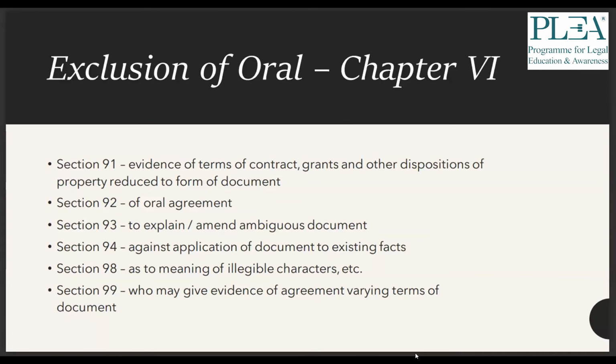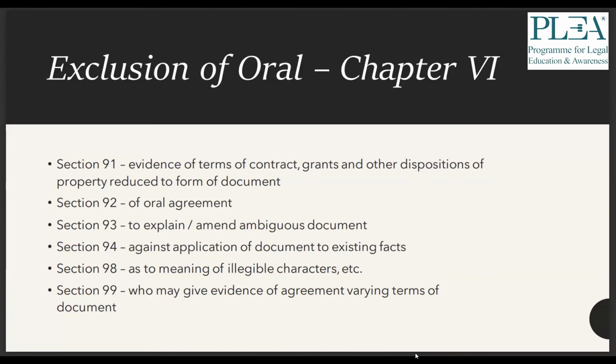Basically, there could be exclusion of evidence of oral agreements when the terms of any such contract, basically this is all about contract because it is in written format, grant or other disposition or any other matter which is required by the law, has to be reduced to the form of a document and has to be proved according to section 91.